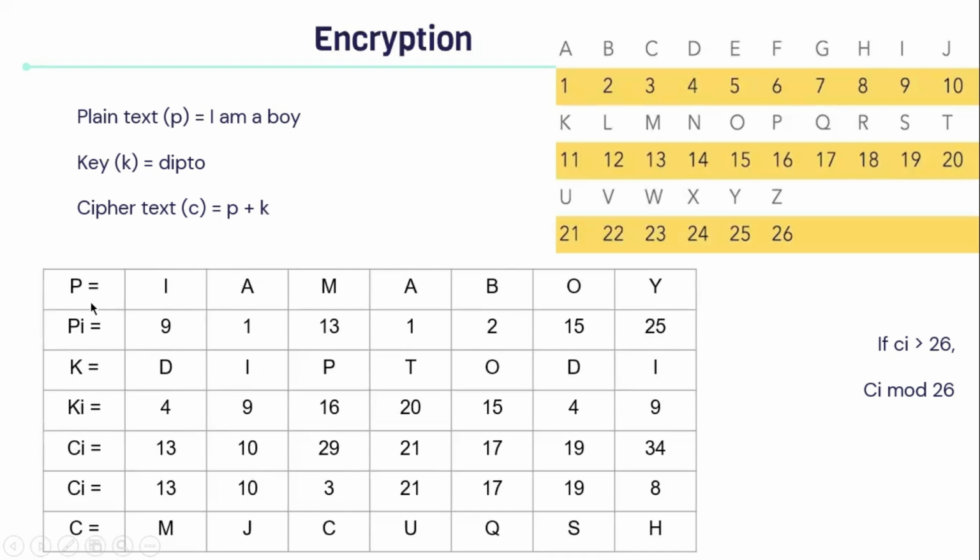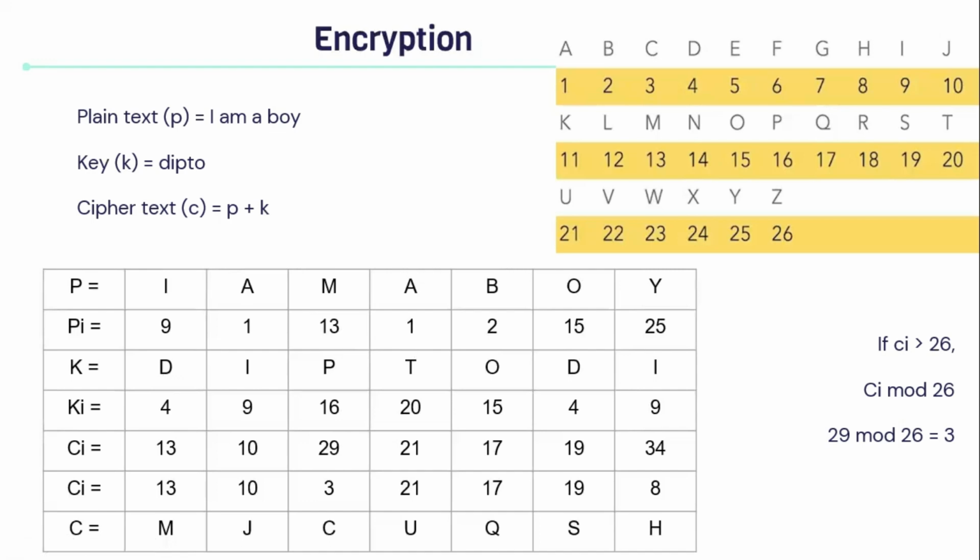For Pi 9 and Kd 4, the Ci is 13, the summation of 9 and 4. If the value is greater than 26, here we have one example, 29, we have to mod it with 26. So 29 mod 26 is 3. This is how we get the cipher index for one-time pad.